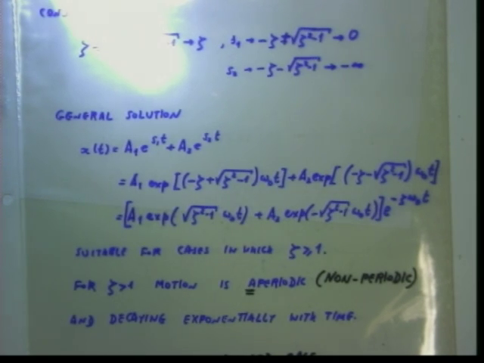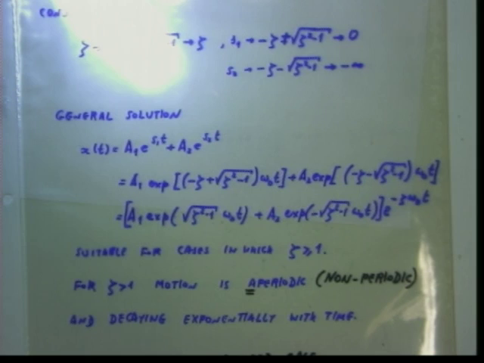Then I took out e to the power minus zeta omega 0 t, and what is left inside the square brackets is the sum of exponents multiplied respectively by A1 and A2. Any questions?